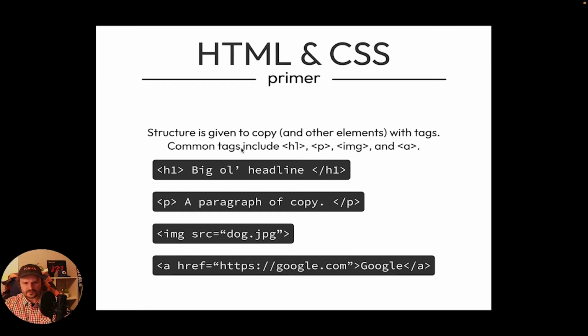And let's see here. Another common tag that you see all the time is the image tag, an image element. And so instead of image, it's just img. And the src, the way this is written, image source is dog.jpg. And this tells the browser, okay, we have an image element coming up here, and the source is, here's where to find it.